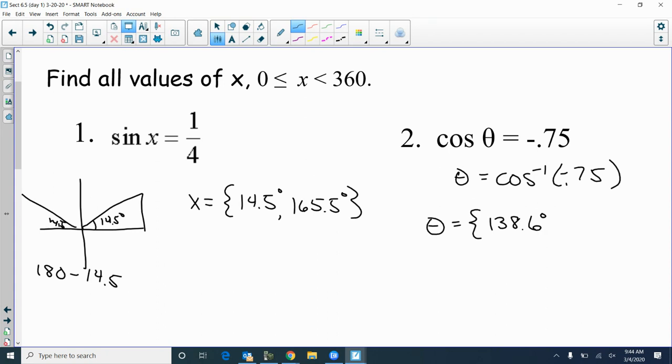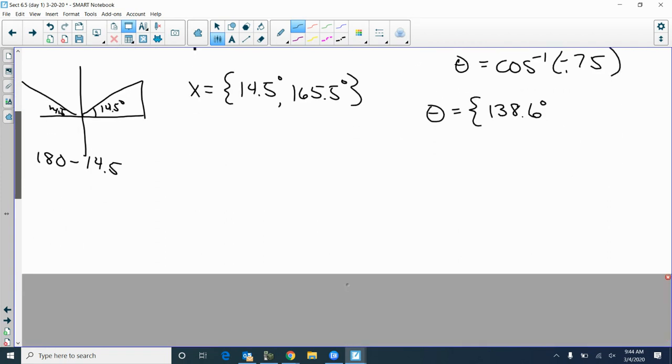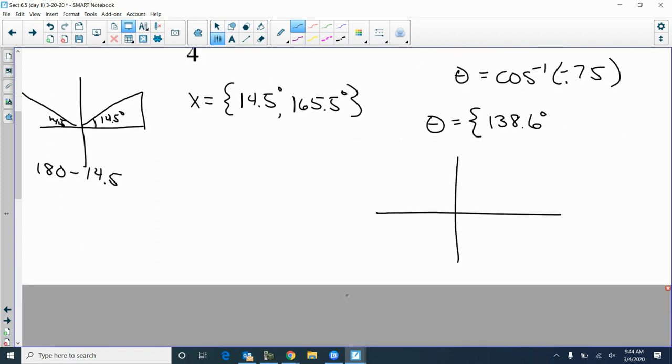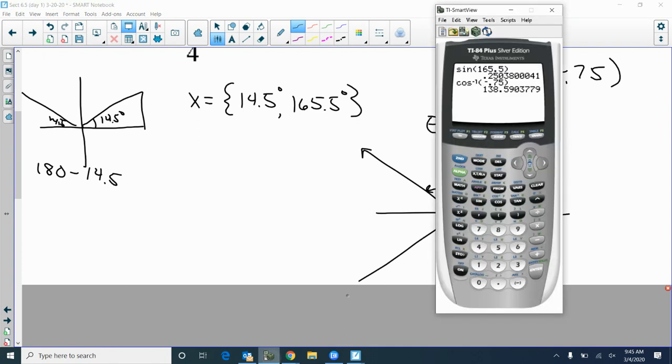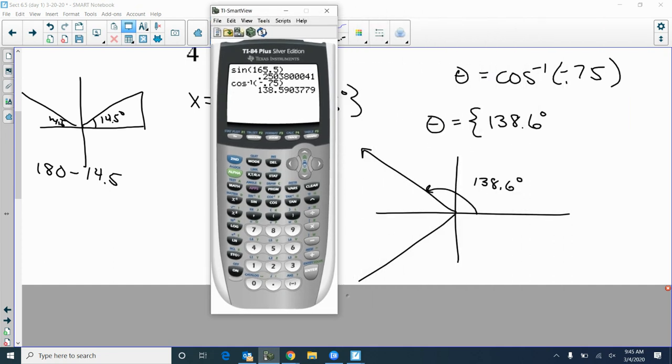Where's my second answer? What quadrant is my second answer in? Quadrant 3, because cosine is positive in 1 and 4. So this angle right here is 138.6, and quadrant 3 will be here. Now you have to get that reference angle, or this is one way to do it. If I take 180 minus 138.6, I get 41.4.